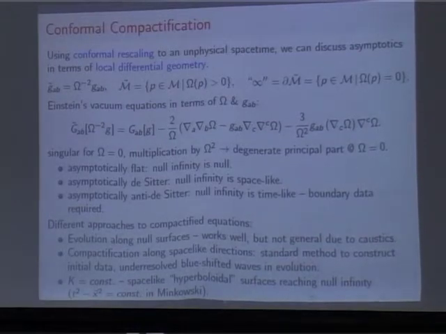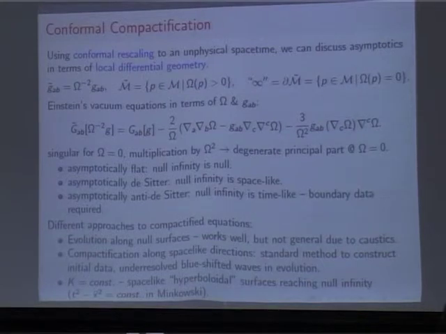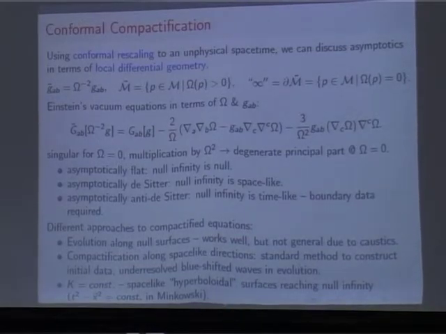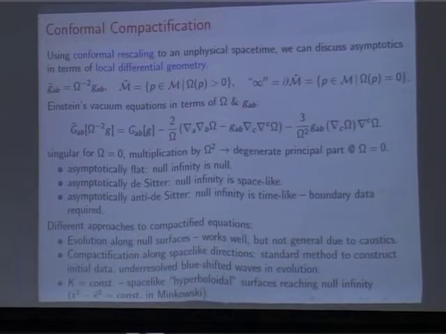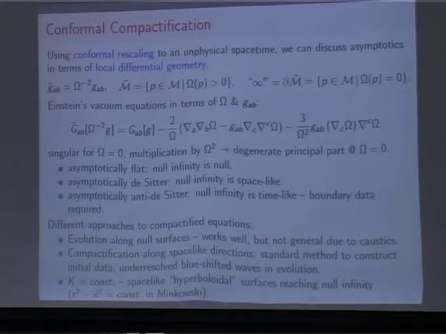What it allows us to do is to work on this unphysical spacetime, and then we can discuss asymptotics, which means statements about gravitational waves or the total energy in terms of local differential geometry, just working locally on this boundary, which we showed in this picture.